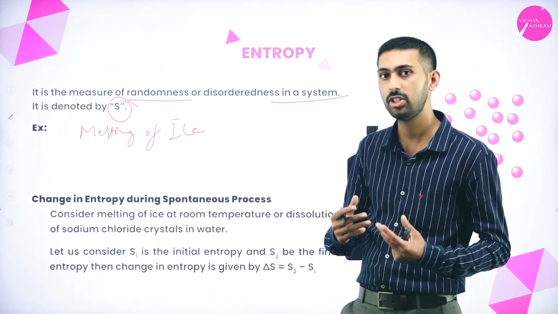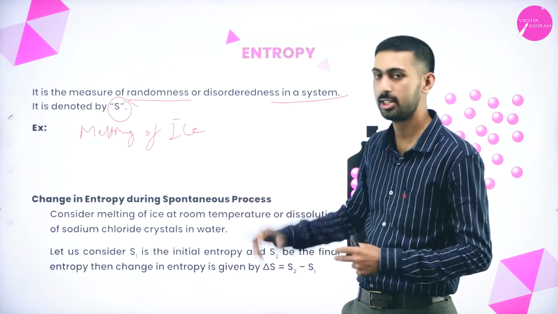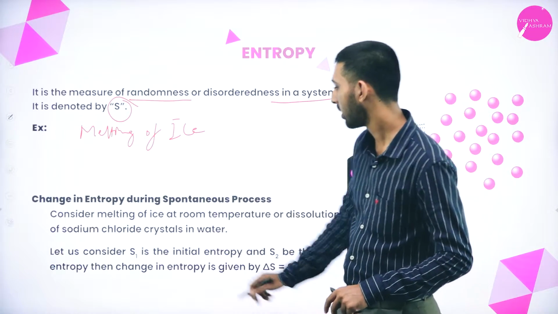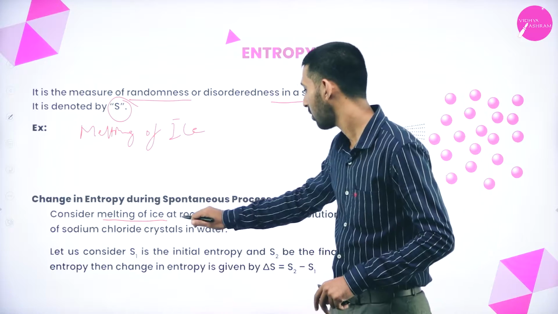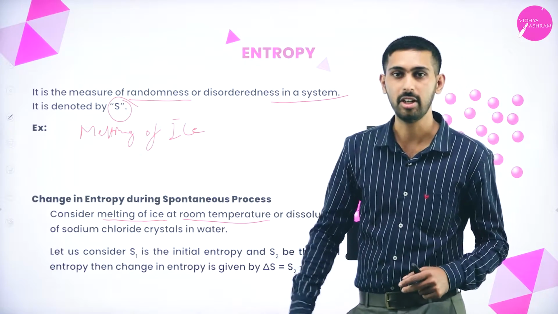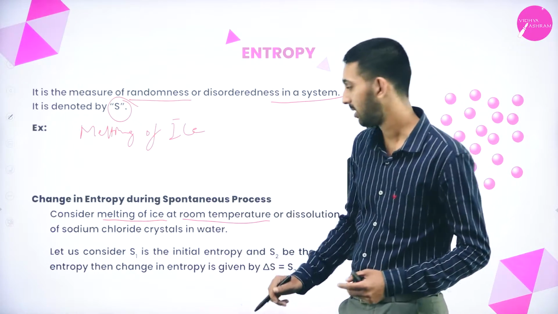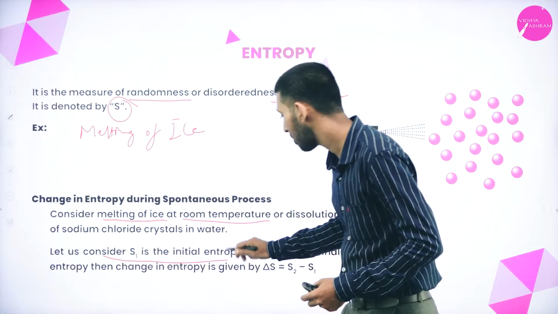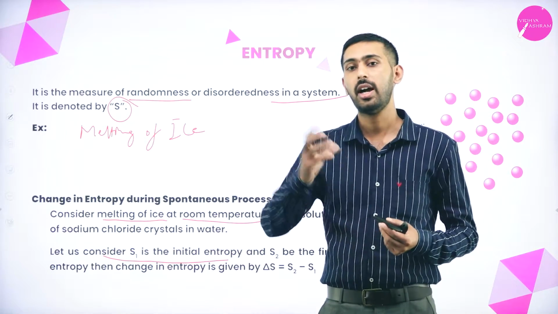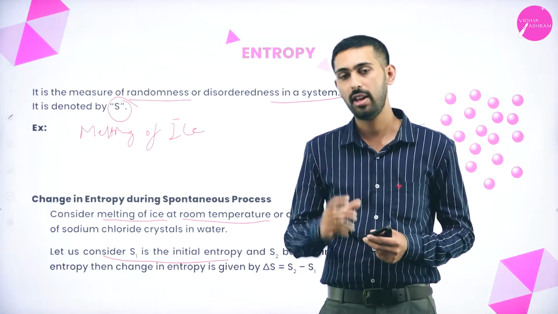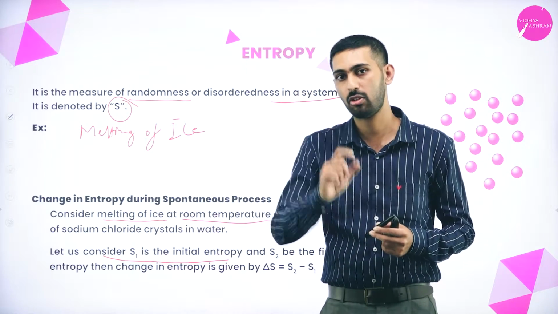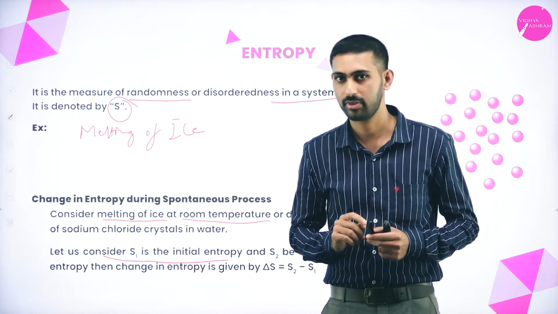Okay. Next thing is change in entropy. How does change in entropy take place during a spontaneous process? Let us take melting of ice at room temperature. Let S1 be the initial entropy. When you take ice from the refrigerator, what will happen? It will have some entropy, but very little. Did you understand?